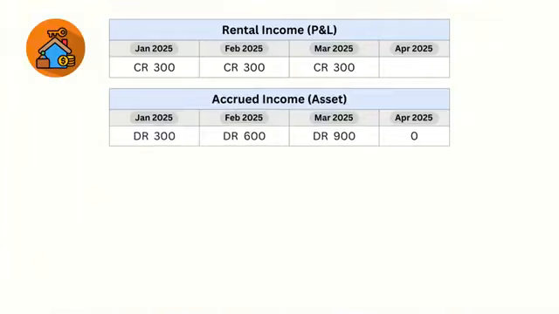Now look at the accrued income line. You can see how accrued income builds up over time. £300 in January, £600 in February and £900 in March. This shows that the business was earning income each month but had not yet been paid. By April, accrued income is zero because it has now been settled.